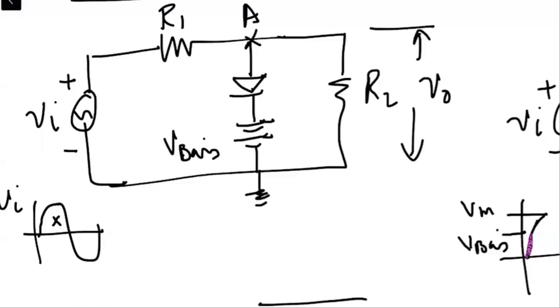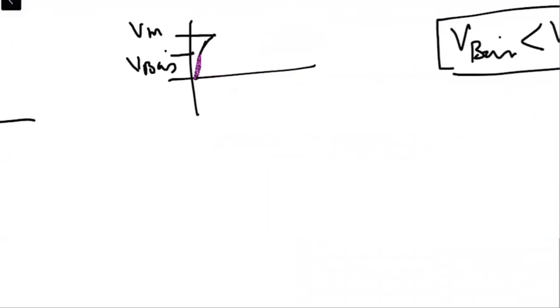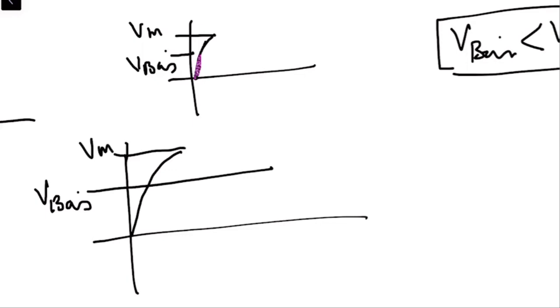What we are saying is, let me just redraw what I have said. I said that let's suppose this is the input voltage, and we say that this is V bias. This is Vm.